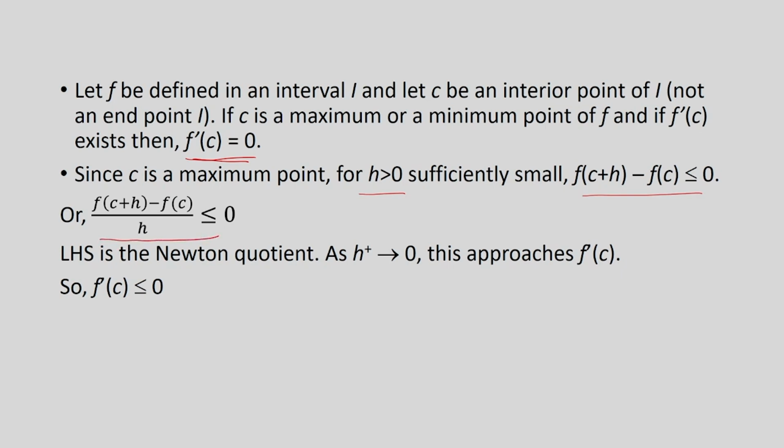Now, the left hand side is the Newton quotient. As h plus goes to 0, that is, we are approaching 0 from the positive side, that is the right hand side, then this left hand side, the Newton quotient, approaches f dash of C. So, this is the definition of derivative. So, therefore, f dash of C is less than or equal to 0.